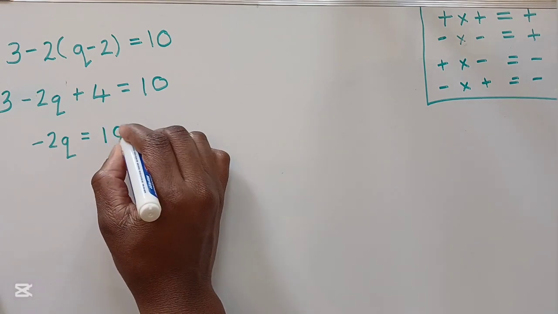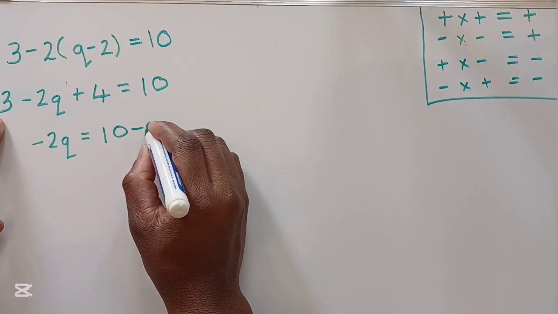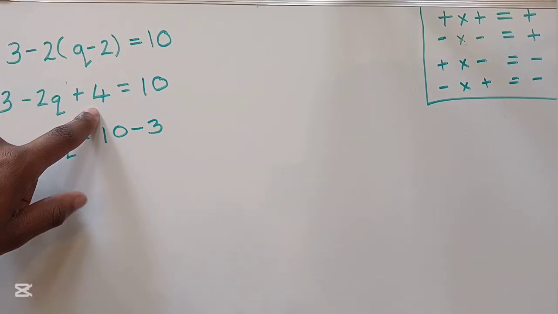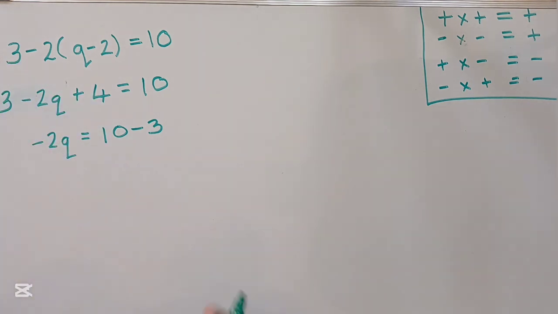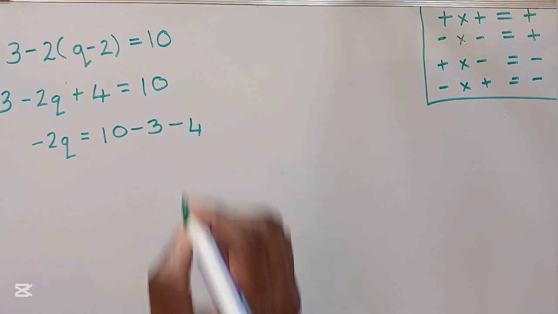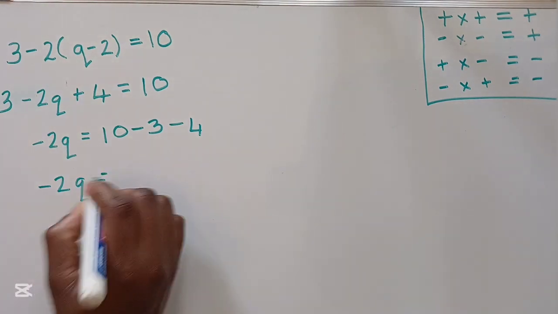So we have 10. This is positive 3. If we move it to the other side of the equal sign, it's going to give us negative 3. This is positive 4. If we move it to the other side, it will give us negative 4. So negative 2q comes down as it is.